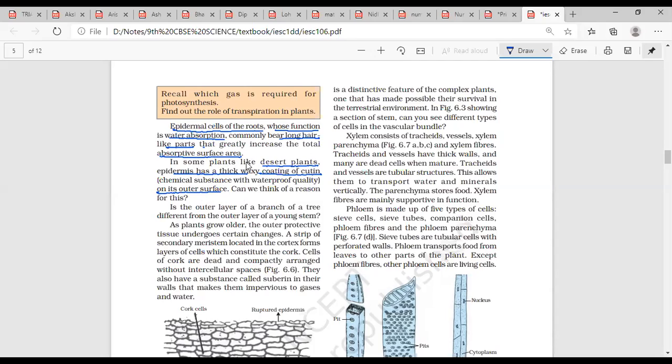So that they don't lose water. They live in a water-scarce area, so if they lose water, from where will they get water? Whatever water is absorbed should not get lost. Therefore they have an outer covering made up of a waxy coating called cutin.